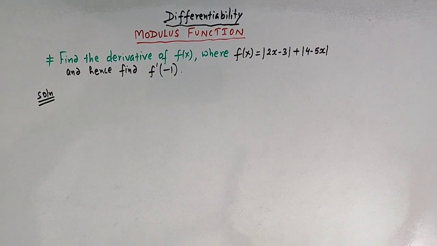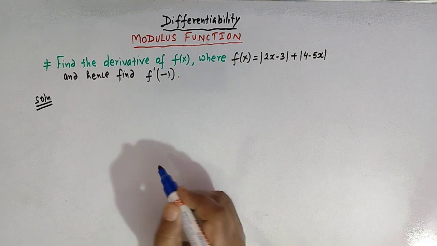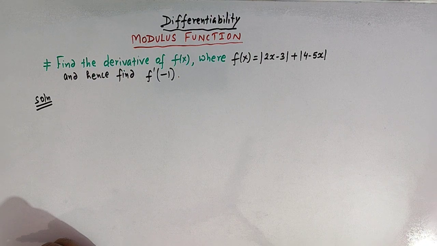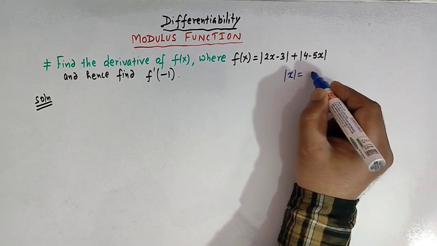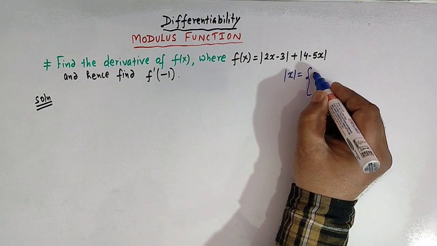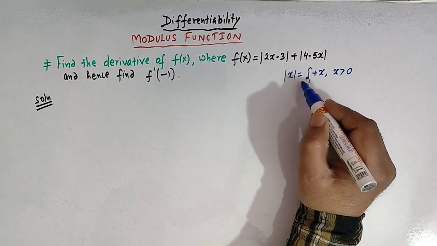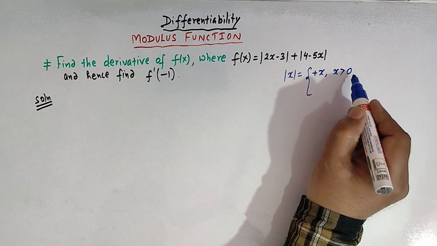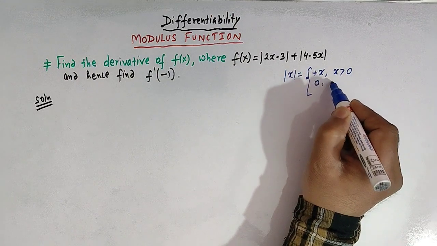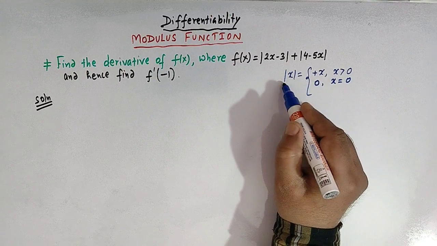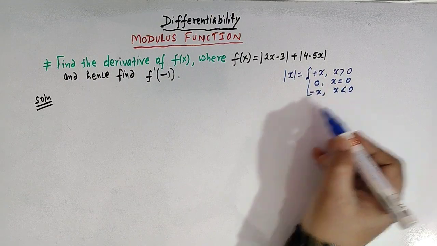So let us start. Before moving further, let us quickly revise the definition of mod function. We know that mod of x is equal to plus x whenever x is greater than 0. So mod x takes the positive value when x is greater than 0, mod of x is equal to 0 whenever x is equal to 0, and mod of x takes the value negative of x whenever x is less than 0.